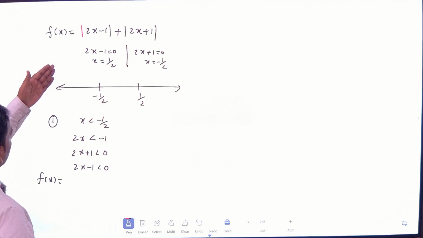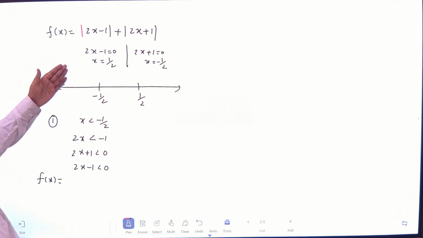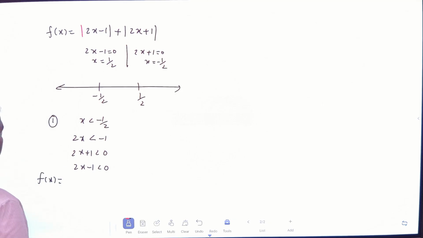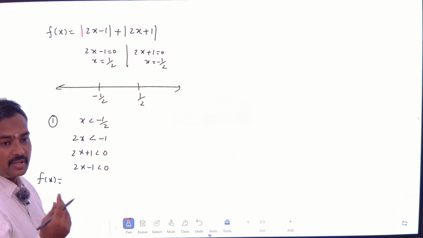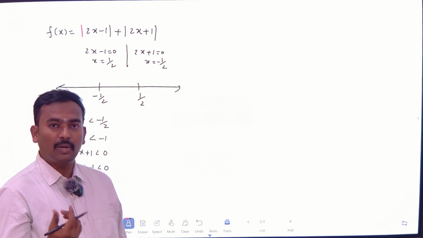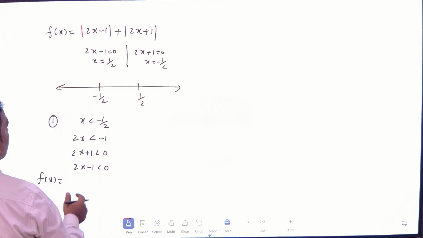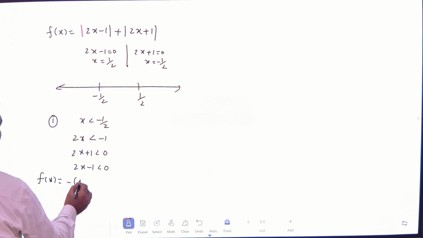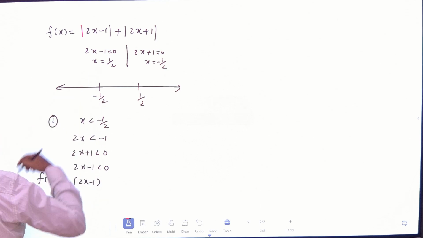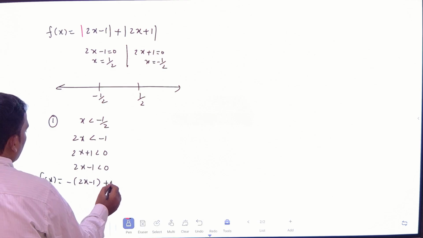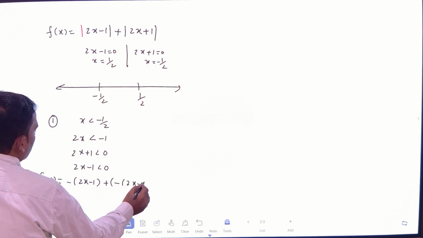You can see 2x minus 1 is negative and 2x plus 1 is also negative. If x is less than 0, how do we define mod x? Minus x, right? The same way, 2x minus 1 is negative, so mod of 2x minus 1 is written as minus of (2x minus 1). And since 2x plus 1 is negative, plus minus of (2x plus 1).